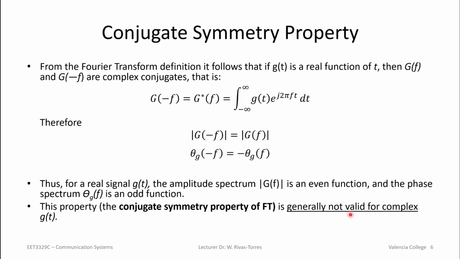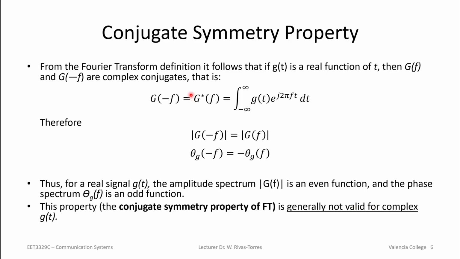Conjugate symmetry property. What this one says is if I were to take the conjugate of my function, if you remember, the conjugate of a complex number is where you just negate the complex portion, right?